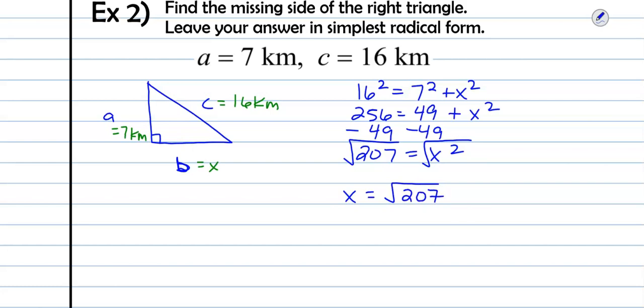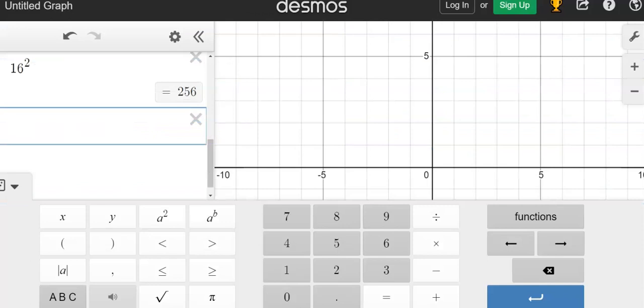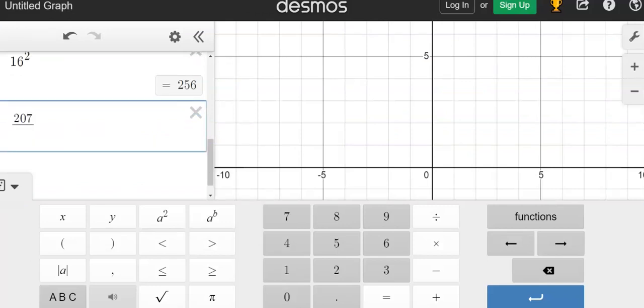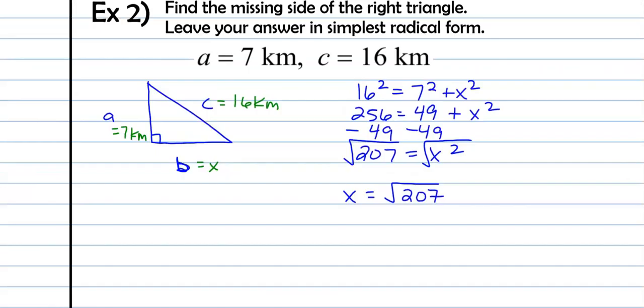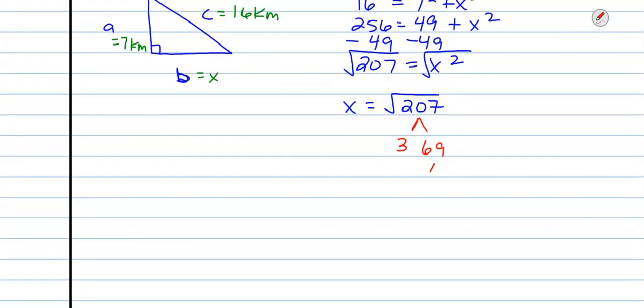We try to see if 207 is divisible by anything. It's definitely not going to divide by 2 because it's not even, but maybe 3. Oh yeah, 3 works. So 3 and 69 are two things that go into 207.